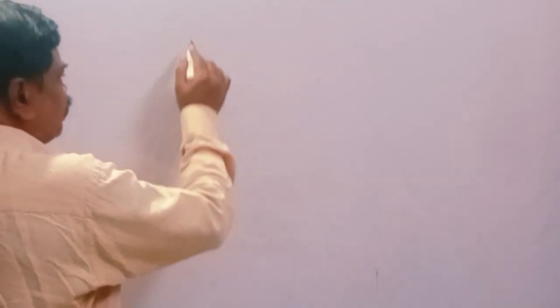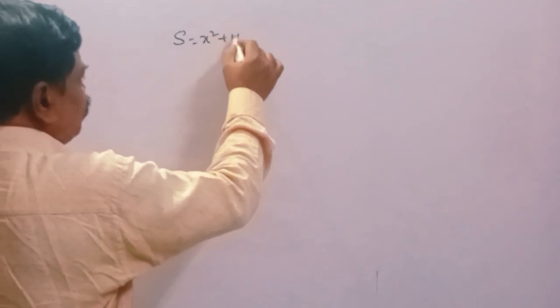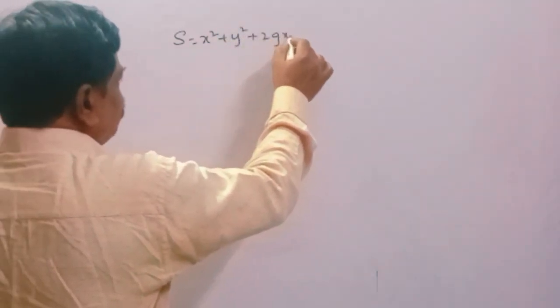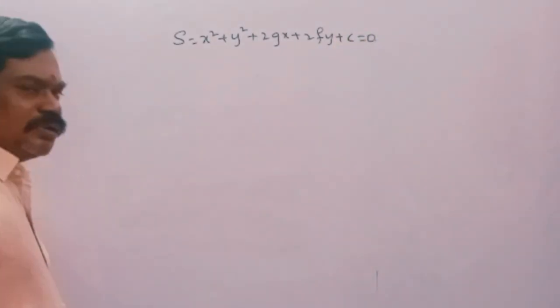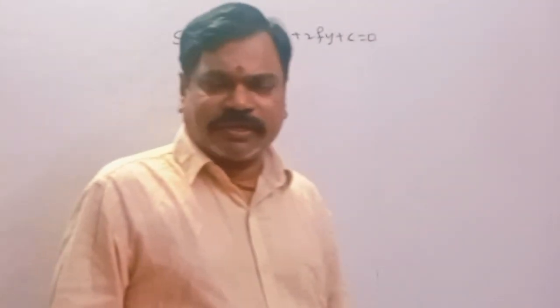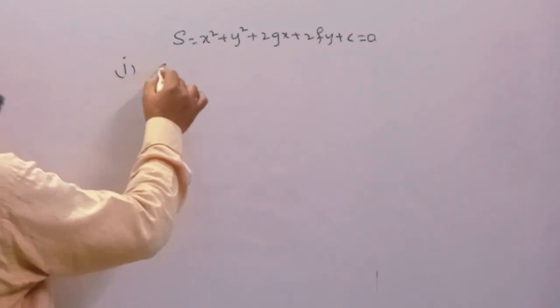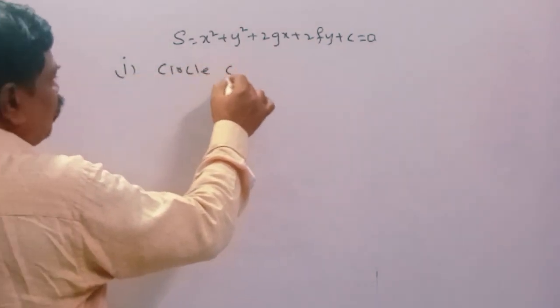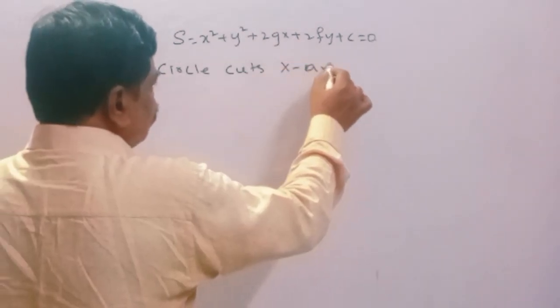Here you see the general equation of the circle: S is equal to x square plus y square plus 2gx plus 2fy plus c equal to 0. So the first one, the circle cuts the x-axis.